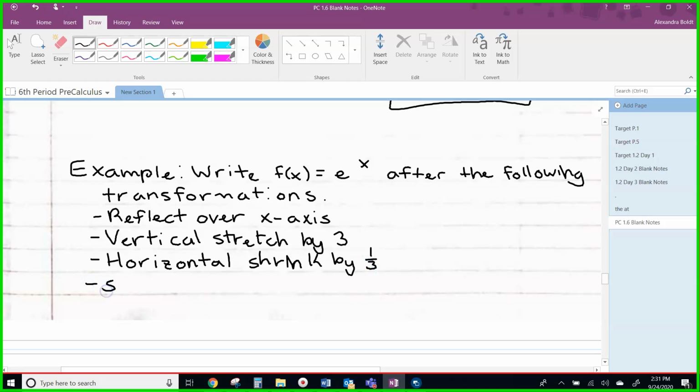We're going to shift it right 2. And we're going to shift it up 4.